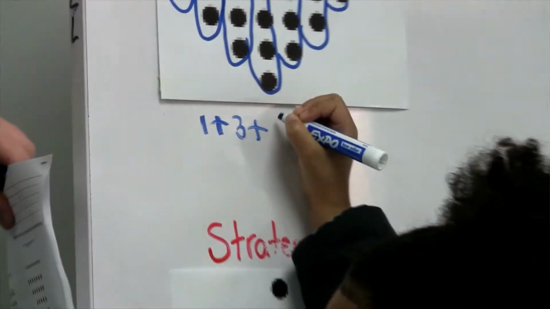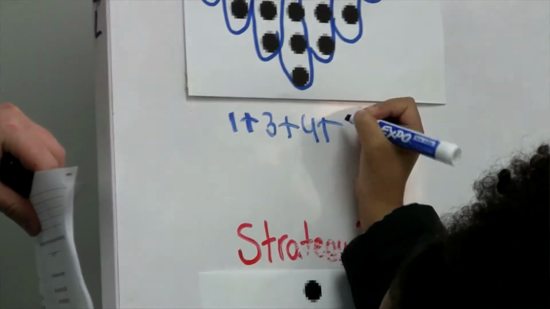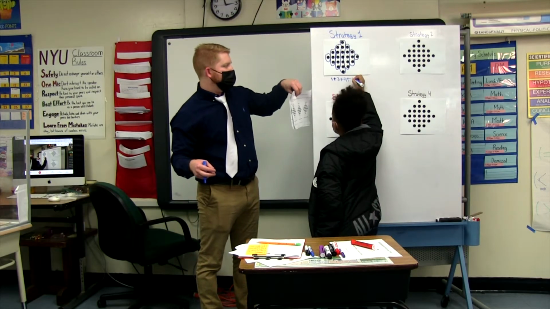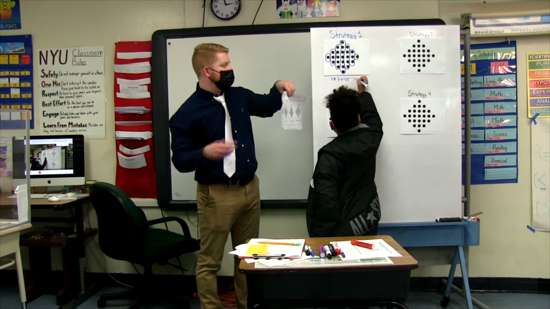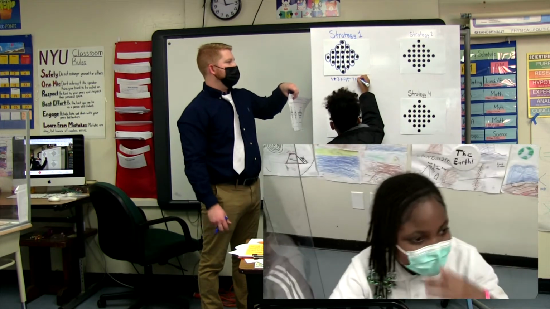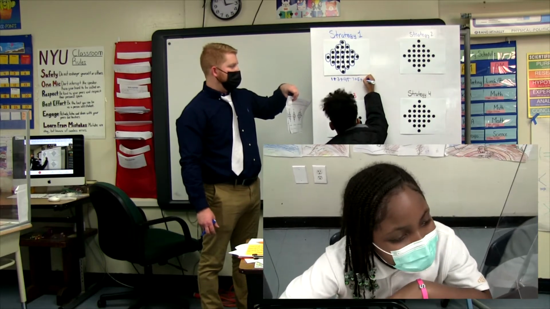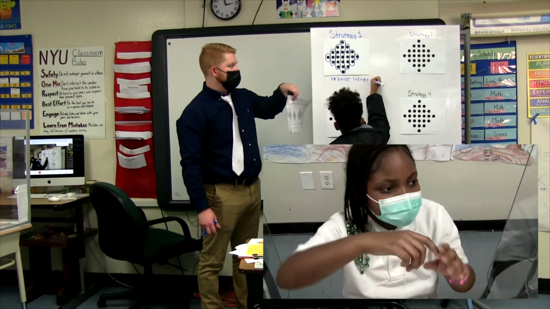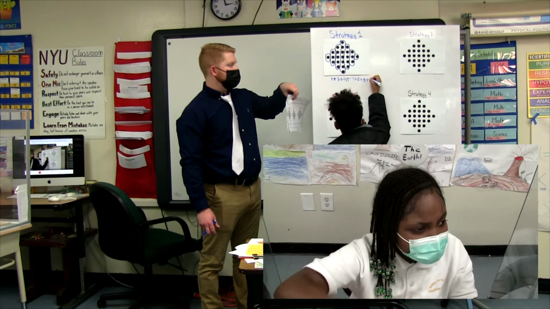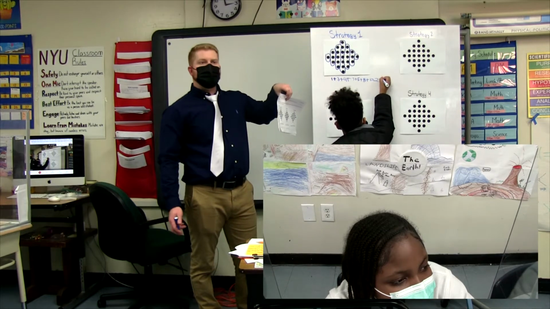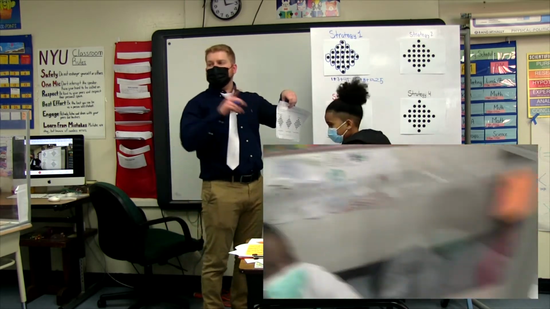As Enzo's writing, what are you guys thinking about his grouping strategy? What do you think about his grouping strategy, Samira? I'm thinking about how it was just easier for him and how he just circled them in lines. All right. Do you think this was an efficient strategy, Leomar?